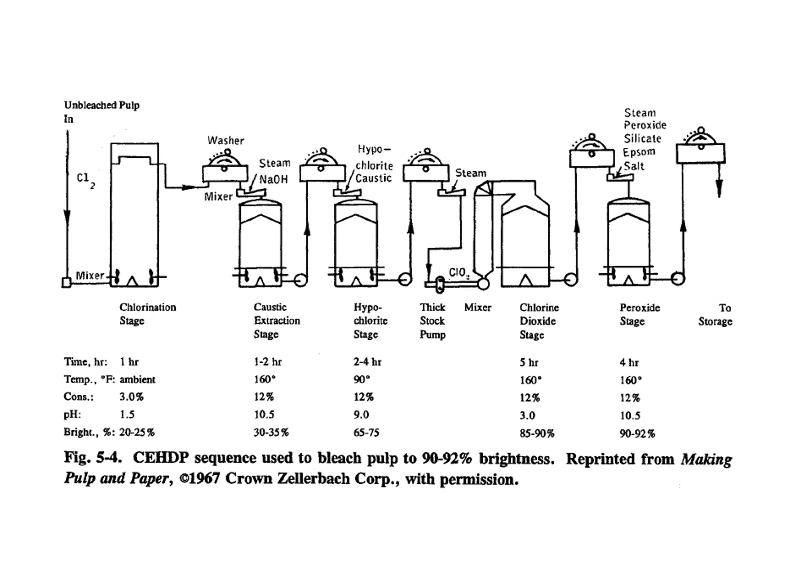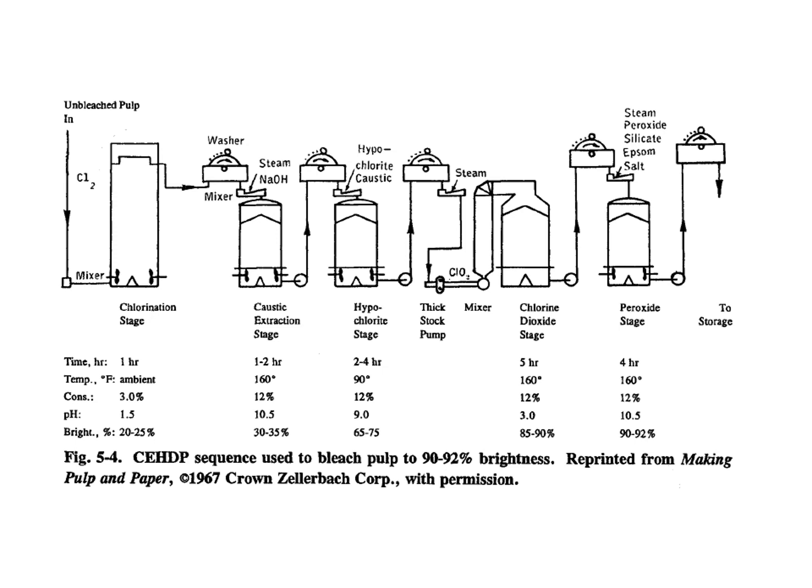Here you can see a schematic diagram of a CEHDP sequence used to bleach a pulp up to 90 to 92% brightness. The stages are chlorination, caustic extraction, hypochlorite stage, then the chlorine dioxide stage, and the peroxide stage.